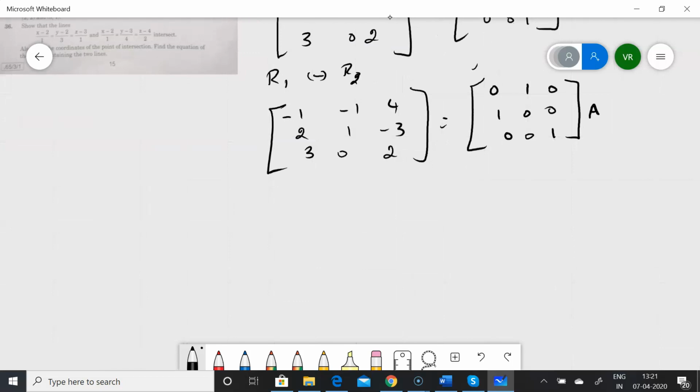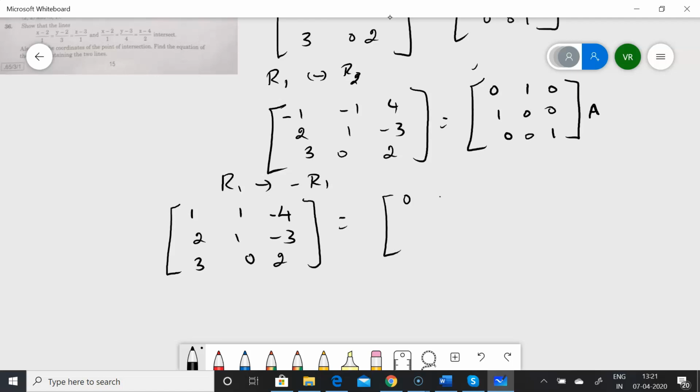Now, we can take off the negative symbol from the first row, or R1 is minus R1. So that will give you 1, 1, 4, minus 4, 2, 1, minus 3, 3, 0, 2 is equal to 0, minus 1, 0, 1, 0, 0, 0, 0, 1 into A. Next is R2 is 2R1 minus R2.